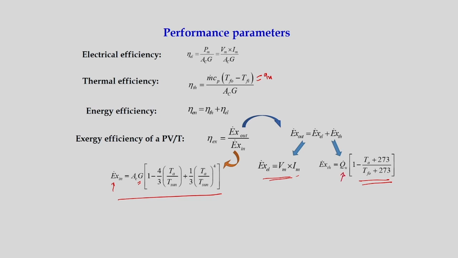So, QE is the useful heat gain which is already known to us in this calculation, and TA is known and TFO is known, then from that we can calculate what is Exergy output for thermal, okay. So, we will combine this and then we divide the expression with Exergy input, then what we will get is a Exergy efficiency of a PVT collector, right.